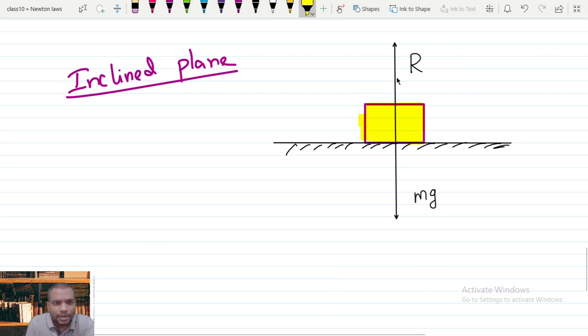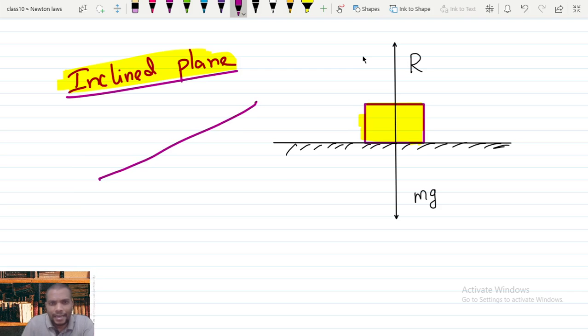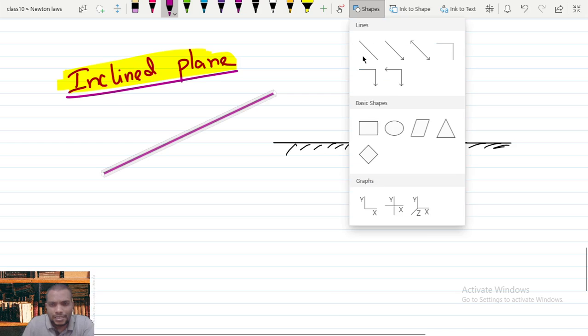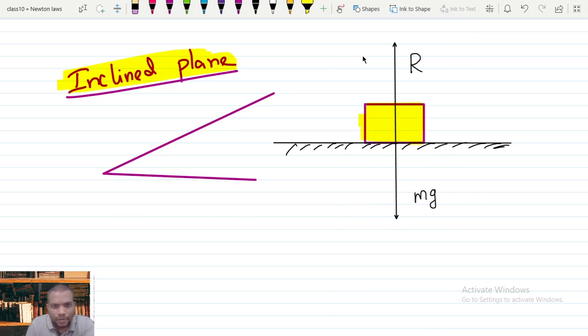But today's concept I would like to discuss is the inclined plane. So what is the inclined plane? An inclined plane means a surface which makes an angle. Suppose that surface is tilted like this, with respect to the base.